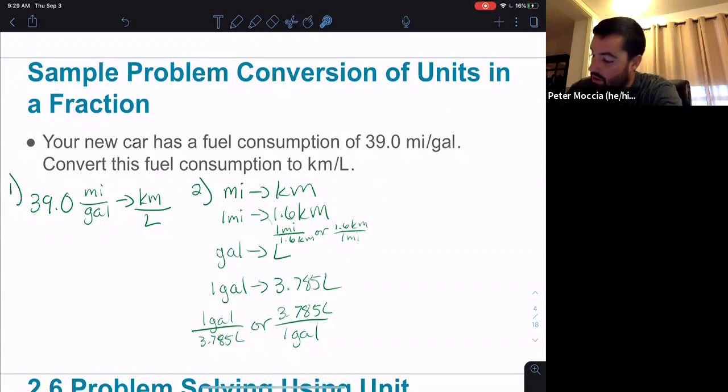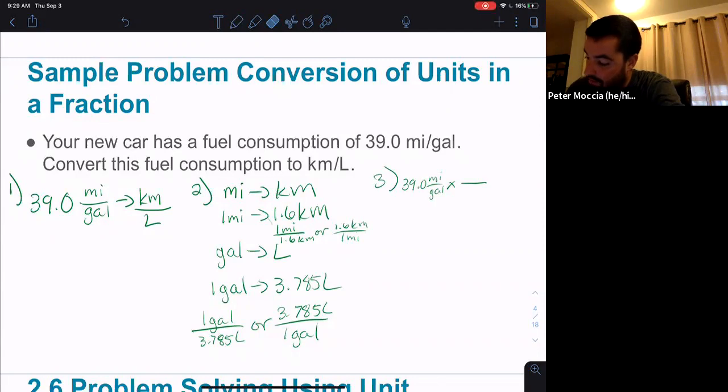So I'll show everything here. Now you have 39.0 miles per gallon. And you're going to multiply by, I'm going to do this one first just because I listed it first, 1.6 kilometers over 1 mile.